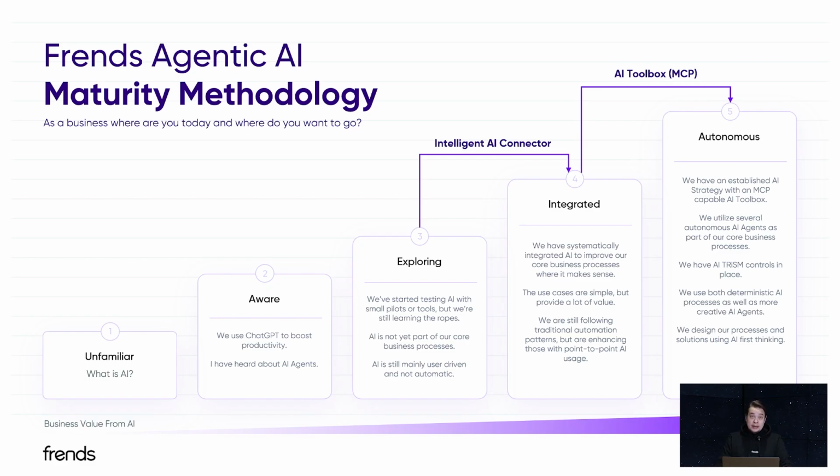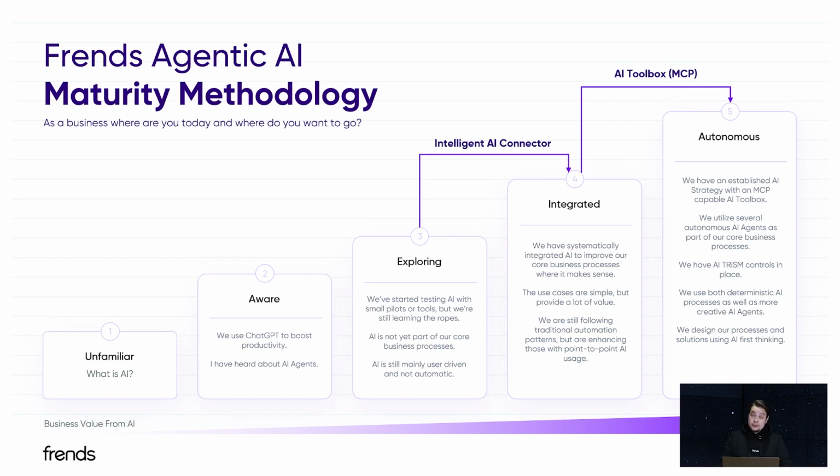There might be ongoing pilots and proofs of concept around AI, perhaps a few successful implementations here and there, but AI is not really integrated into the core business processes. And of course, it's mainly user-centric, meaning there's typically some sort of chat-based interface that the employees of the organization use to access the AI and leverage its capabilities pretty manually.